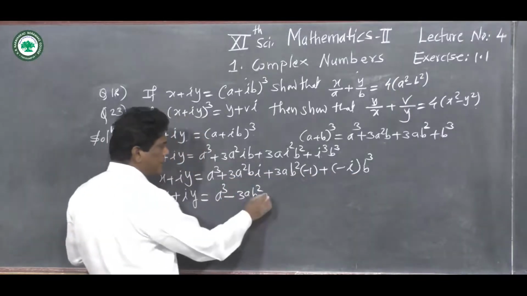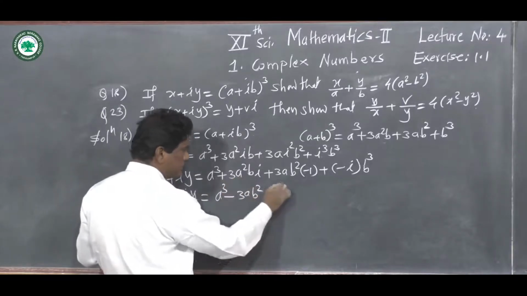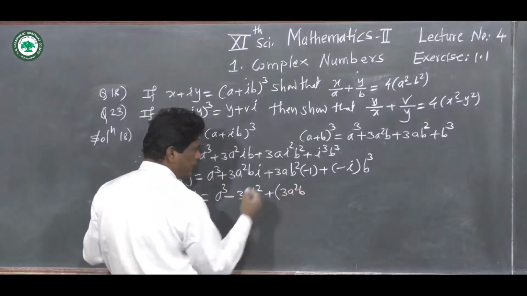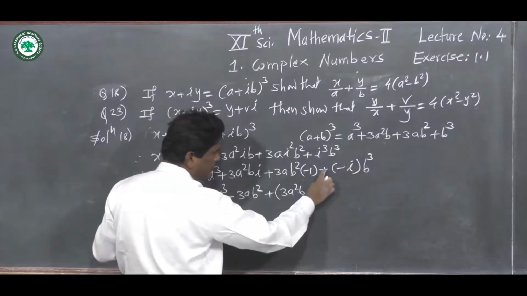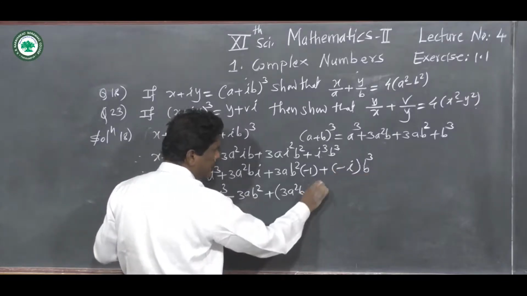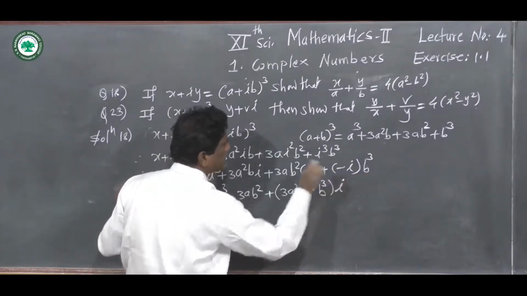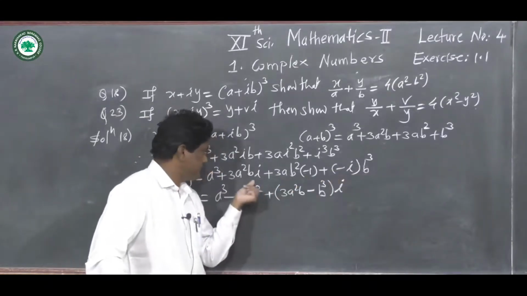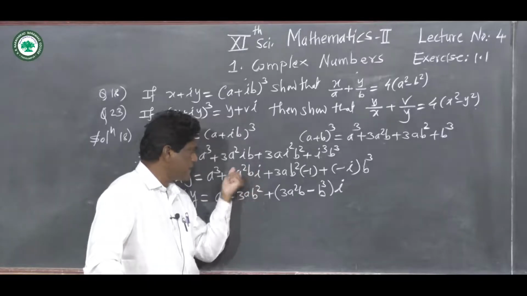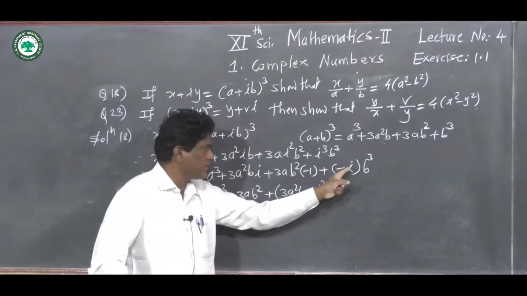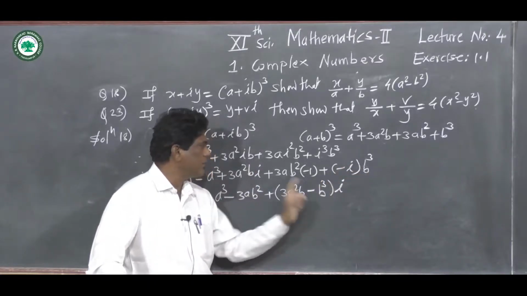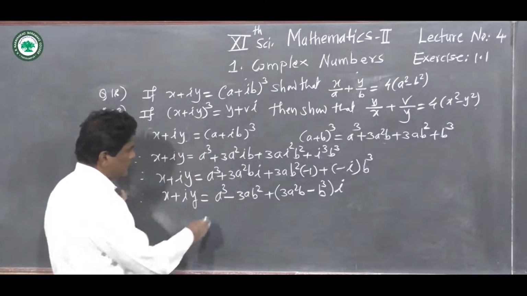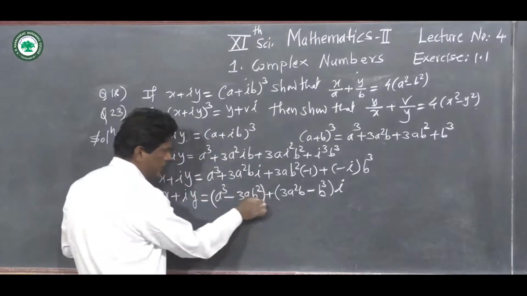We take i common, so 3a^2 b, and plus minus becomes minus b^3 into i. Get it? We take i common from these two terms. The coefficient of i is 3a^2 b and here the coefficient of i is minus b^3, and we make this a round bracket.